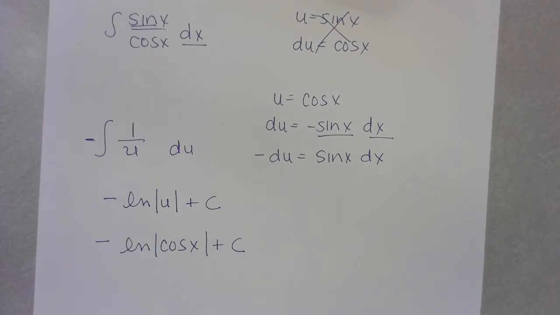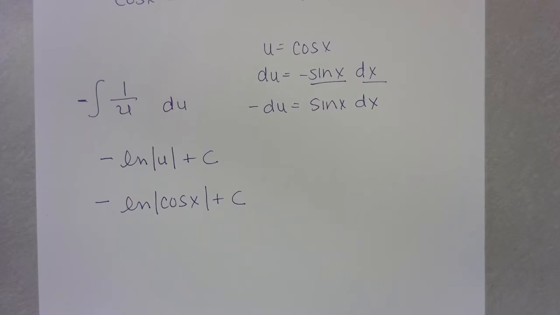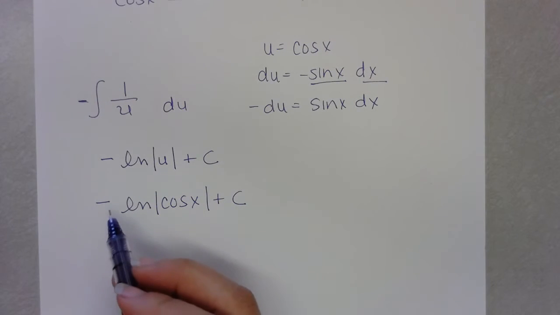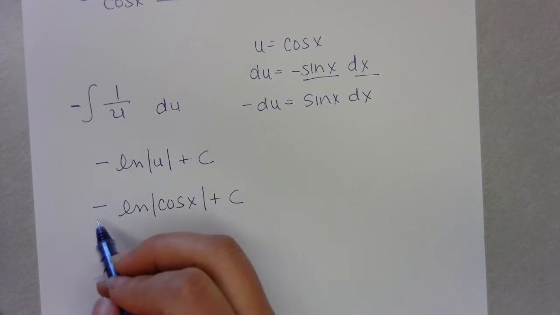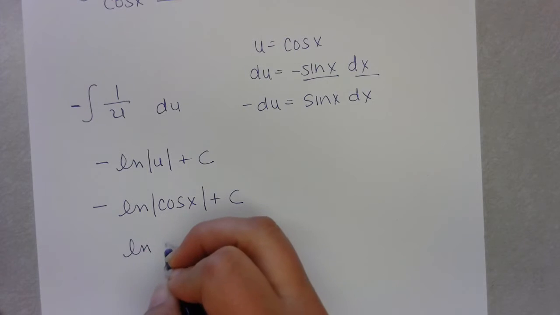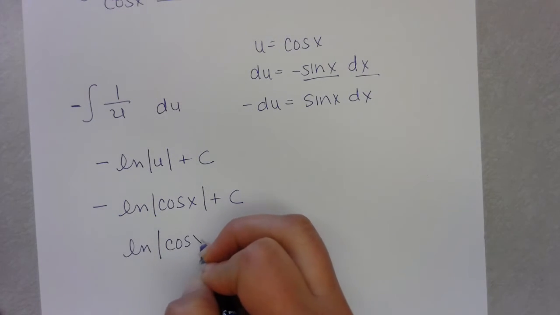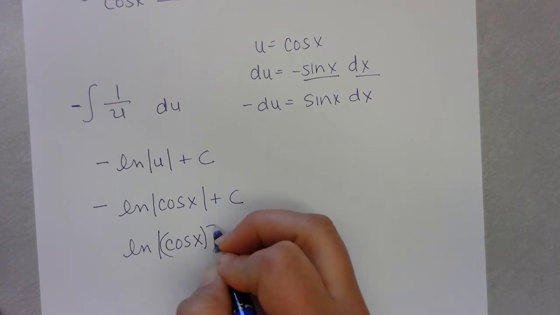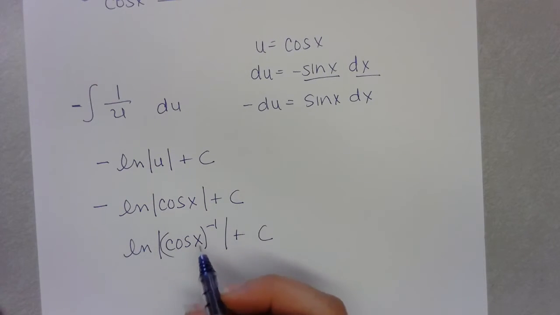Now this can be written in multiple different ways using natural log. In some books, instead of writing it as negative natural log of cosine, because our log rules say this thing in front we can put up here as a power, sometimes they write it as the natural log of cosine of x to the negative 1 power, plus c, which, 1 over cosine is really secant.